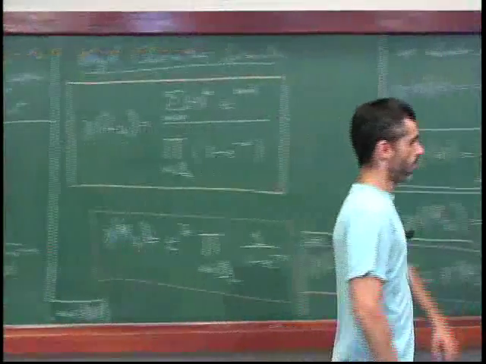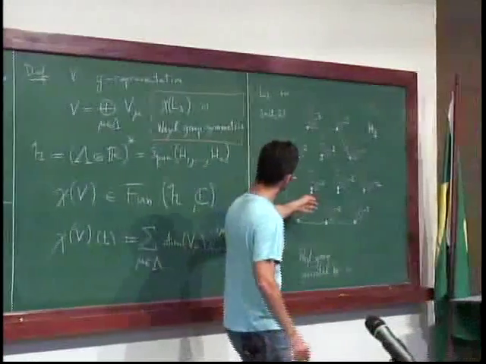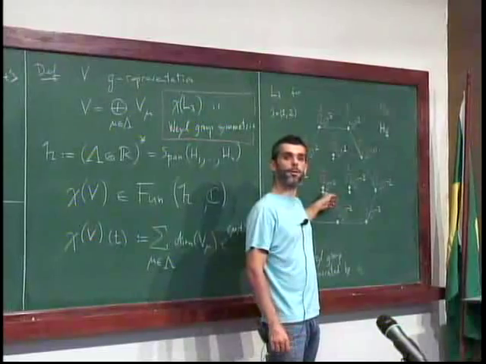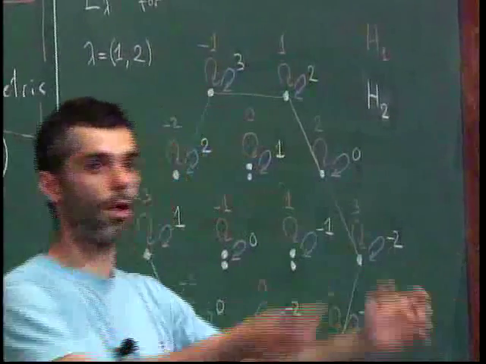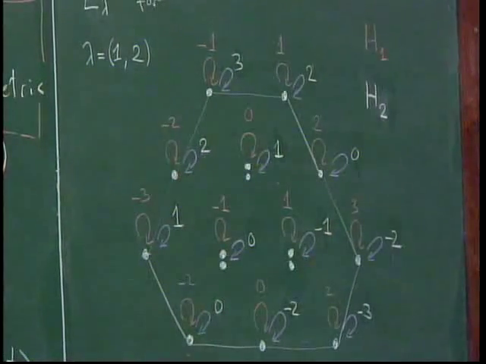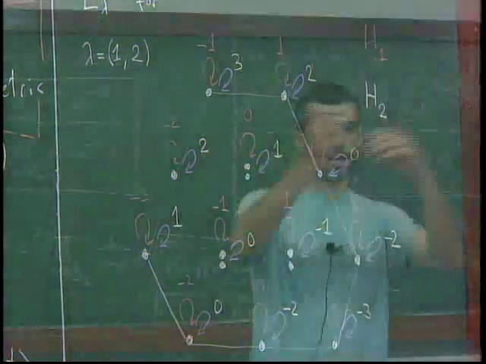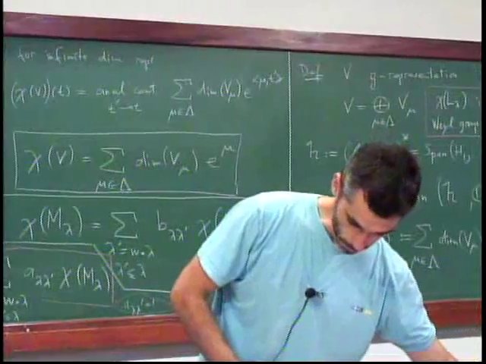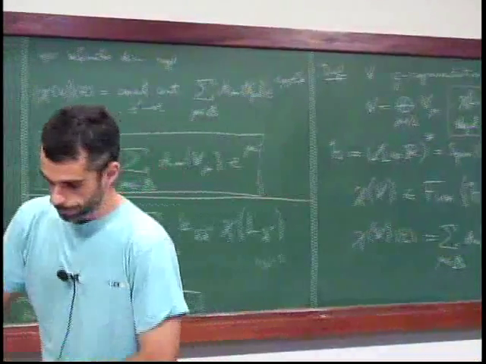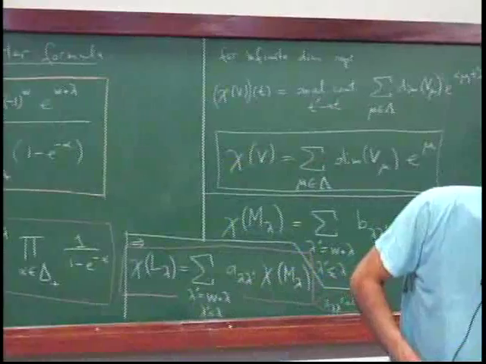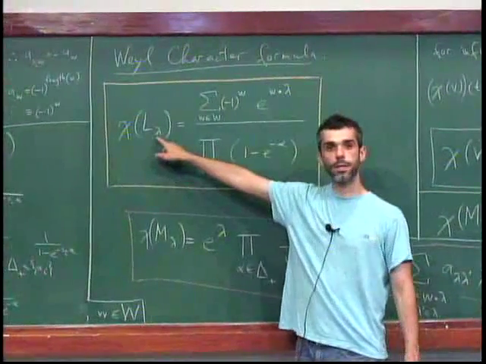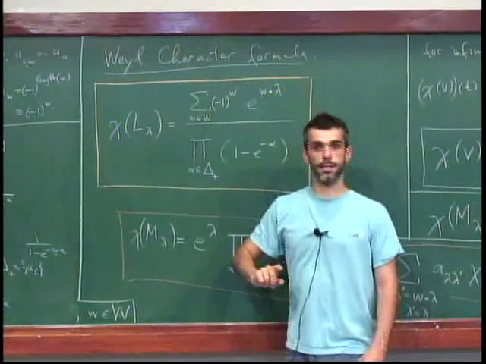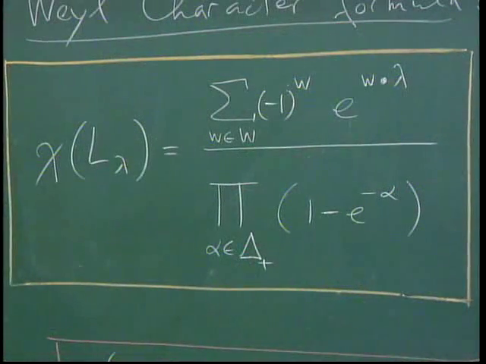These weight multiplicities very quickly become very big numbers, and it's not manageable to try to just compute all these weight multiplicities for everything. But that formula is a very concise way of packaging it all. If one takes lambda to be equal to the trivial representation, then one learns something else.